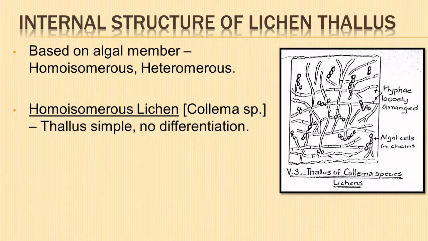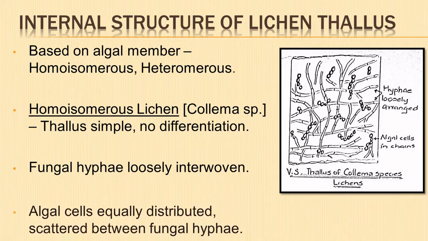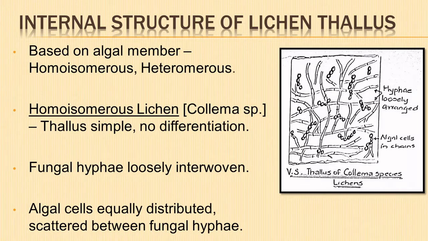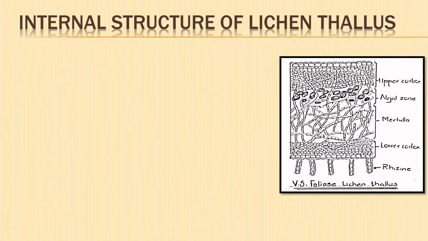The thallus of Collema species shows a simple structure with hardly any differentiation. The fungal hyphae are loosely interwoven and the algal cells are equally distributed and scattered between the fungal hyphae.